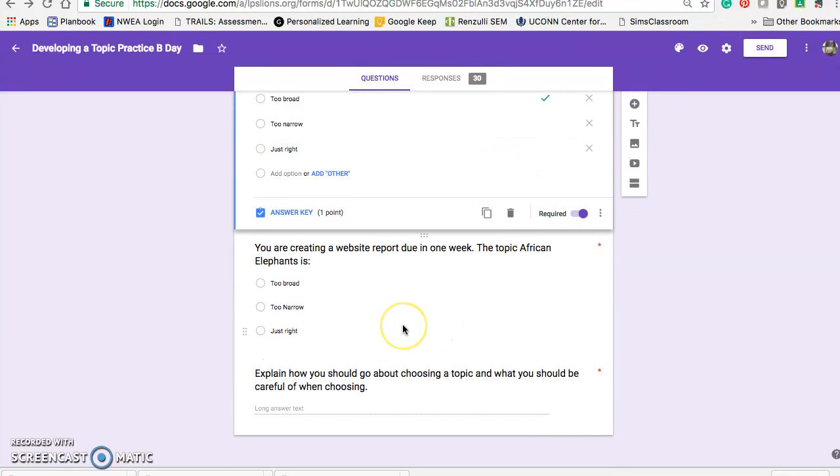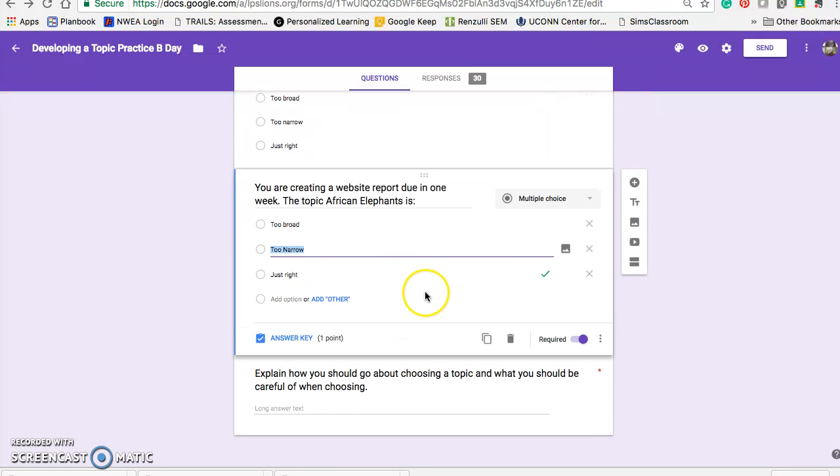You are creating a website report due in 1 week. The topic of African elephants is, this one would actually be just right, okay? That's specific enough. Yes, there are multiple types, but you could probably pull that together.